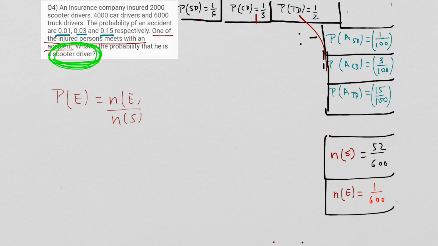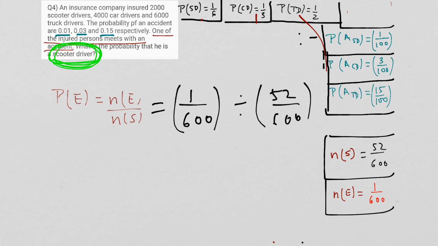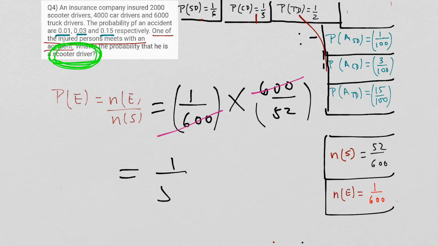Simply putting the value, this equals 1 upon 600, which is your NE, divided by 52 upon 600, which is your NS, which also gets multiplied by 600 by 52. Now this gets reduced and the probability of the event equals 1 upon 52.